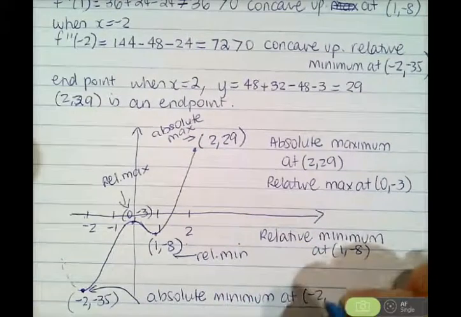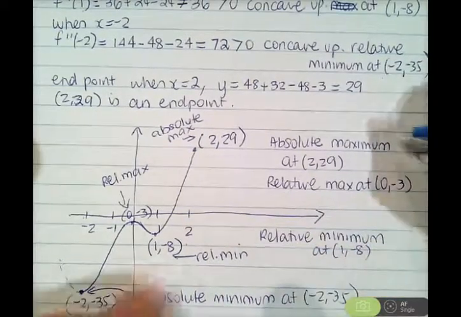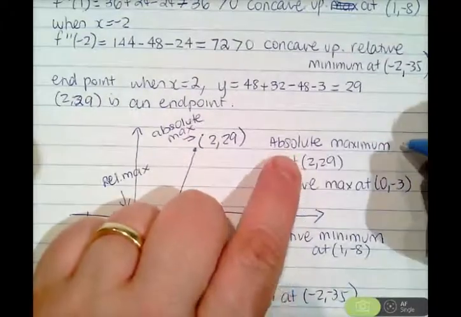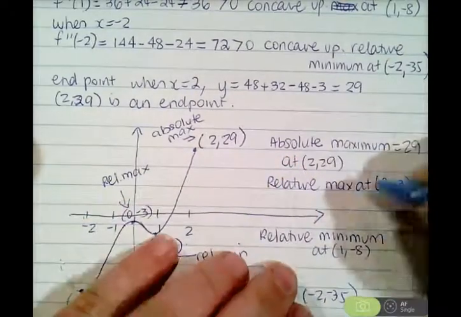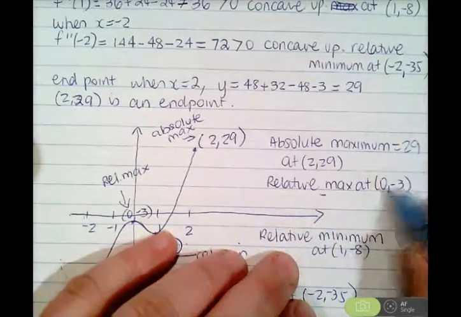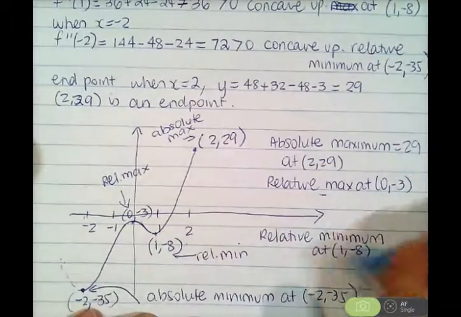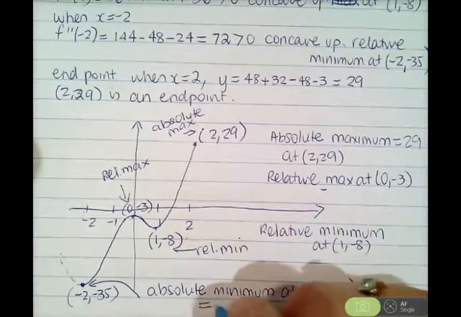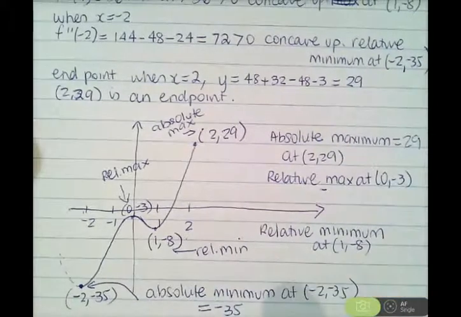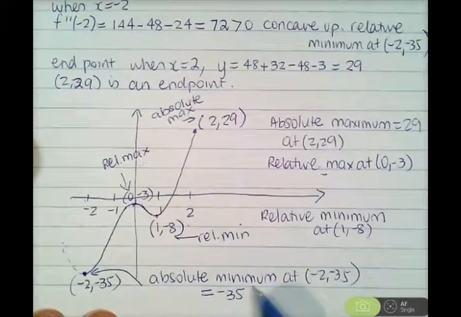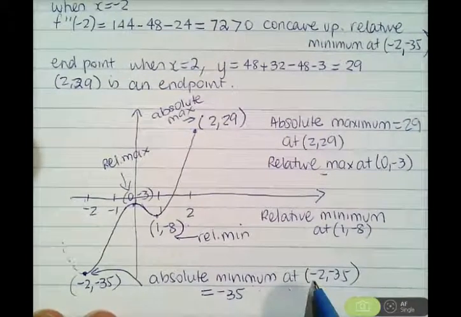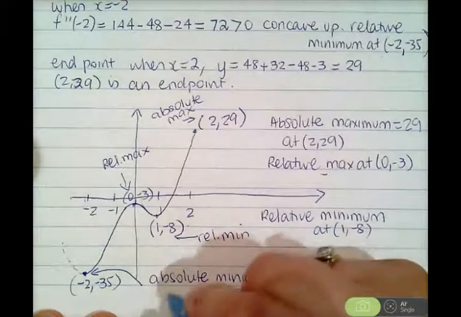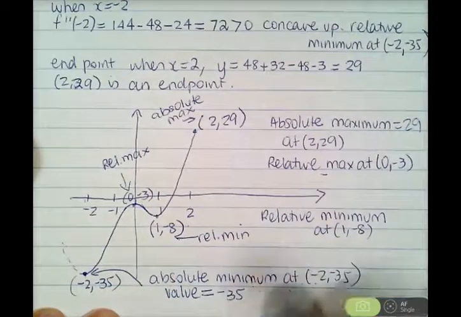at -2, -35. So therefore my absolute maximum equals 29. My relative maximum is there. My relative minimum is there, and my absolute minimum value is -35. Okay, so the absolute minimum occurs at -2, -35, but the absolute minimum value is -35.